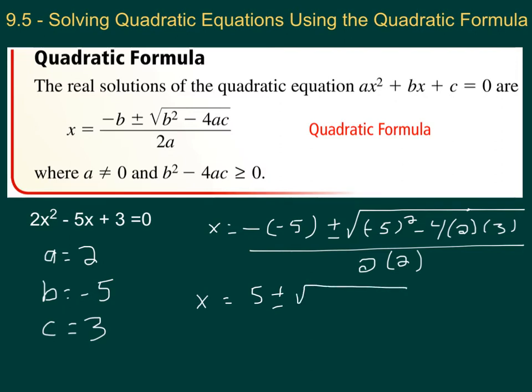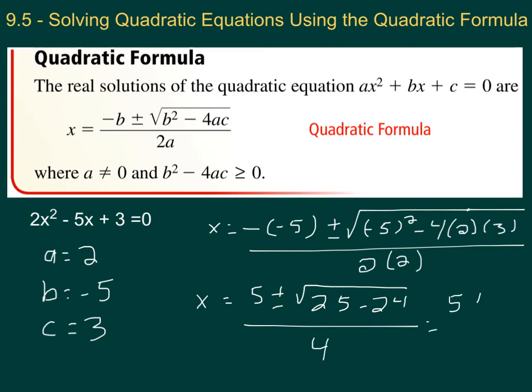Now I need to simplify everything that's in the square root first, my entire radical, before I start simplifying the radical itself. Negative 5 squared is 25, and then I have minus 4 times 2 times 3, which is minus 24. And that's all going to be over 2 times 2, which is 4.